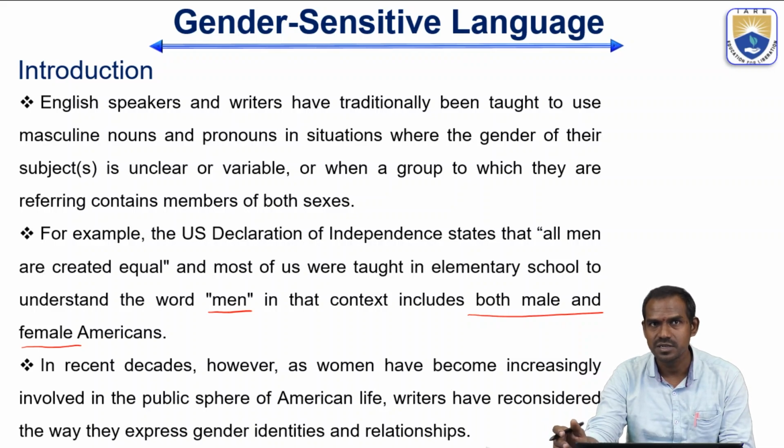But now in recent decades, both are equally participating in the public spheres of the country's life. So men means male, women means female. Men is not common for both sexes. Please take a note of this according to the recent era. I hope you all understood what happened in the previous era and what is happening in the recent era.